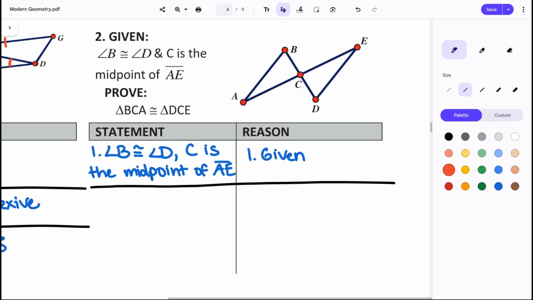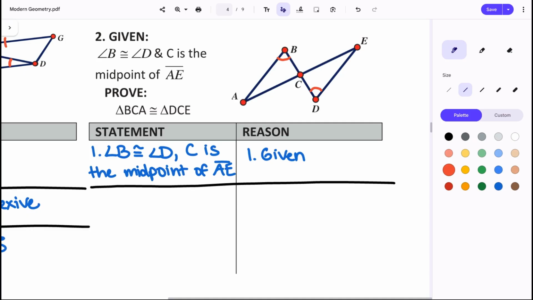You should be able to write that down no matter what. Again, the picture is not marked up at all, so let's go ahead and mark up what we can. I know that angles B and D are congruent, so I'm just going to give an arc to each one of those. Again, you don't have to use arcs. You could draw whatever you want into those angles for symbols.